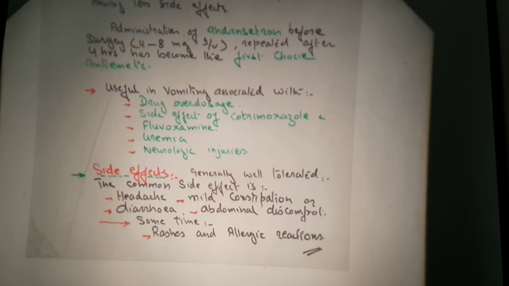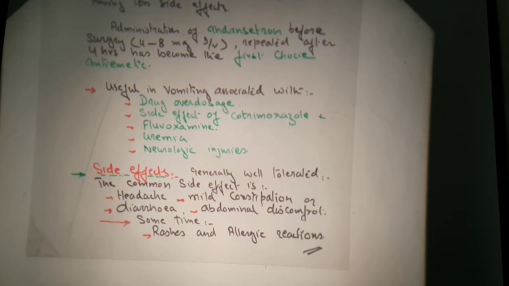It is useful in vomiting associated with drug overdosage, side effects of some drugs such as citalopram and fluvoxamine, uremia, and neurologic injuries. All these are responsible for the process of emesis, so this drug can act as an antiemetic in these conditions.